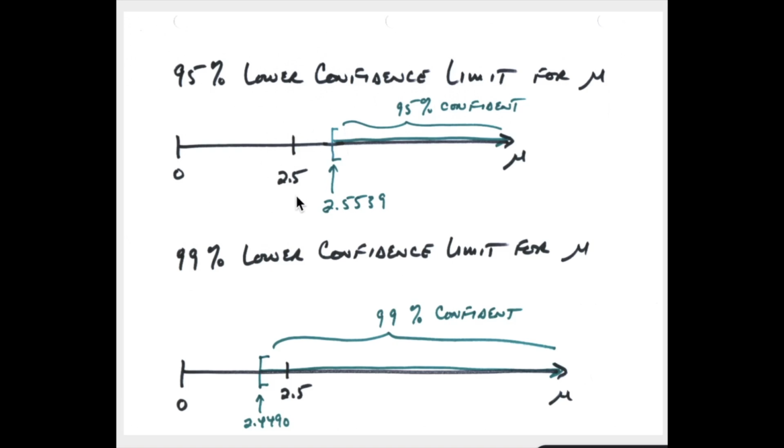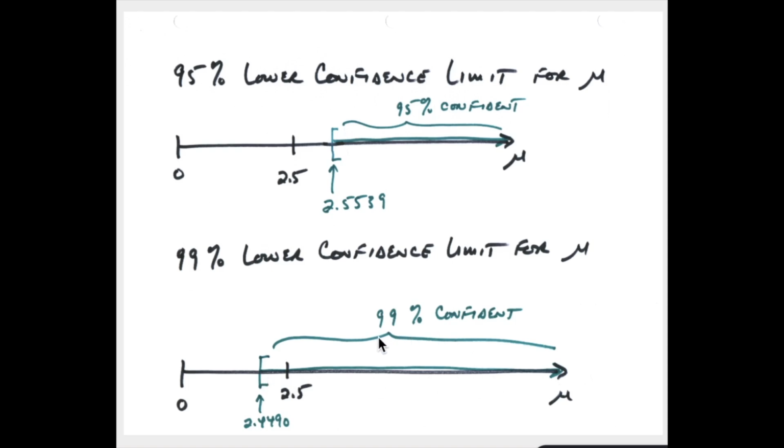So again, based on this lower confidence limit, we know that we would reject the null hypothesis that mu is less than or equal to 2.5 in favor of the alternative which says that mu is greater than 2.5, and we would draw that conclusion at the 5% significance level. On the other hand, because the 99% lower confidence limit for mu is just a skosh below 2.5, 2.5 is in this interval of plausible values.